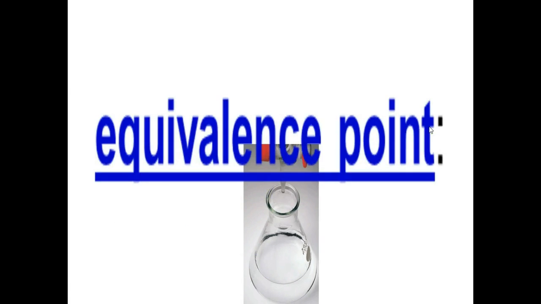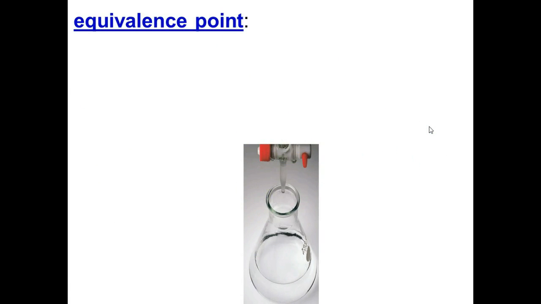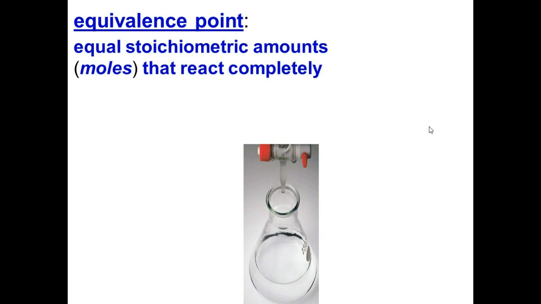And so now we're going to be talking about some terms about titrations. One is the equivalence point. Equivalence point is when there are equal stoichiometric amounts, or moles, that react completely. And remember, equivalence point sounds like equal.